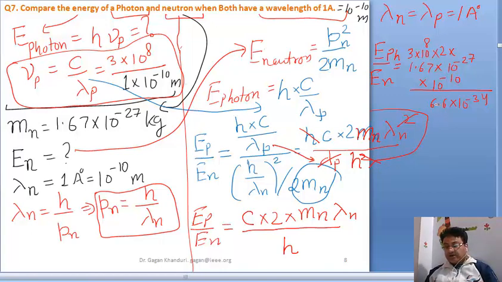Let's check what I can cut from here. 3 and 2, 6, and 6 can be cut. I am going to get an approximate answer.